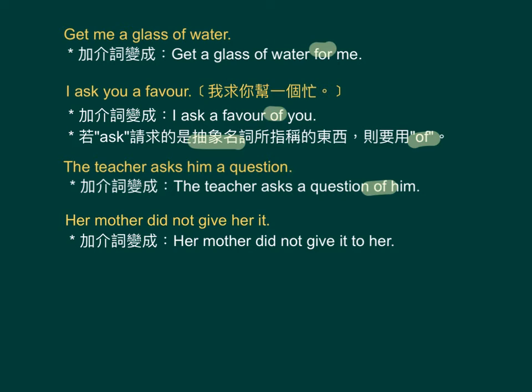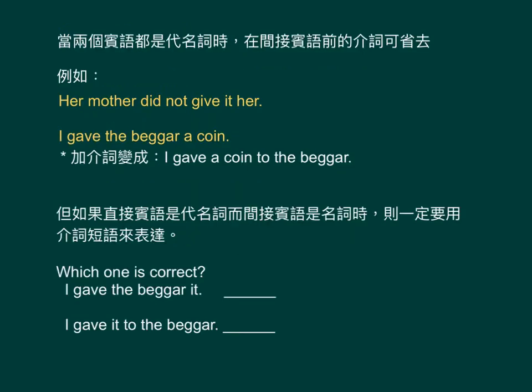Her mother did not give her it. 加介詞變成 Her mother did not give it to her. 當兩個賓語都係代名詞嘅時候,喺間接賓語面前嘅介詞係可以省去嘅。例如 Her mother did not give it her.